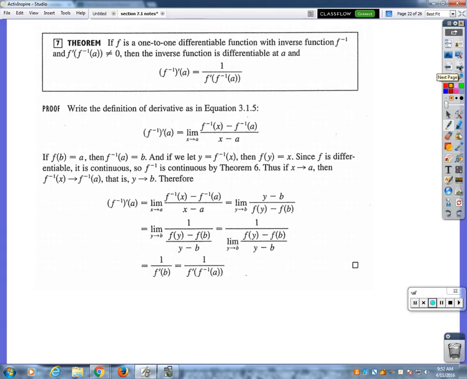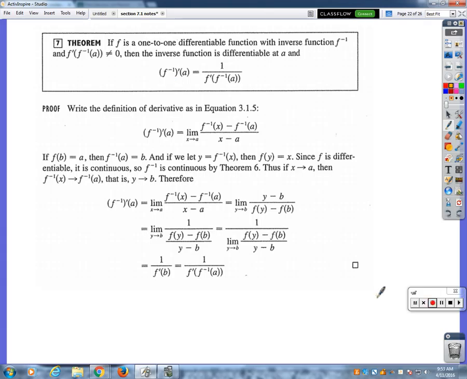Here is the first thing from this section that you should write down. If you have a one-to-one differentiable function and you know its inverse, then the way that you can find the value of the derivative of the inverse is you go 1 over the derivative of f at that particular point.